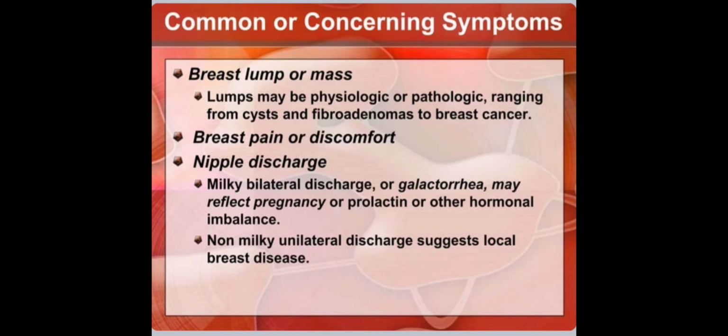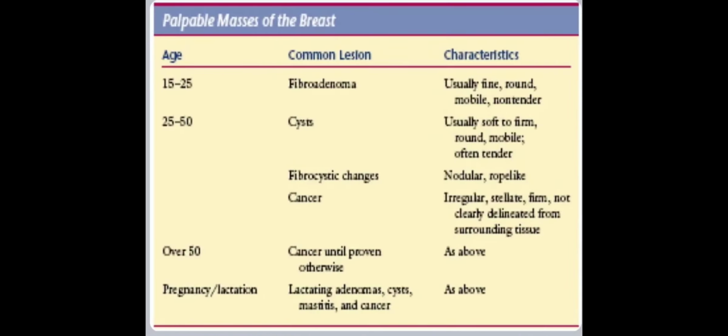Remember, prolactin is the hormone that helps the breast with milk production. Another is non-milky unilateral discharge, which suggests a local breast disease. For example, pus, or a sudden watery discharge that is either foul-smelling or odorless. So the patient may have a breast disease.